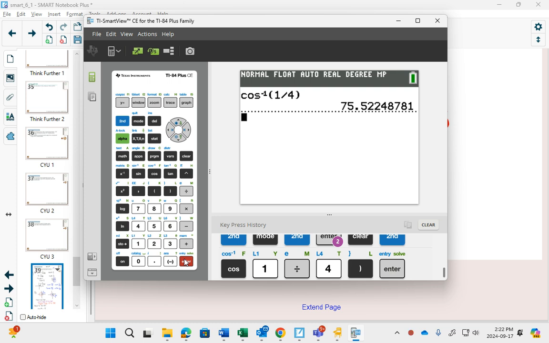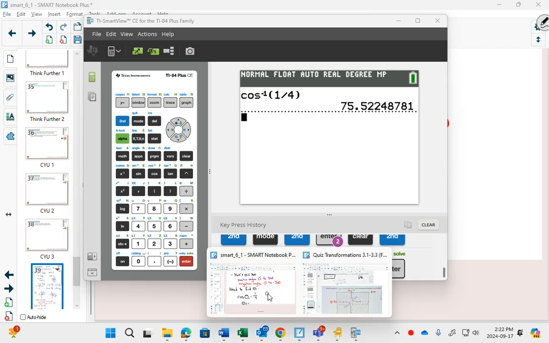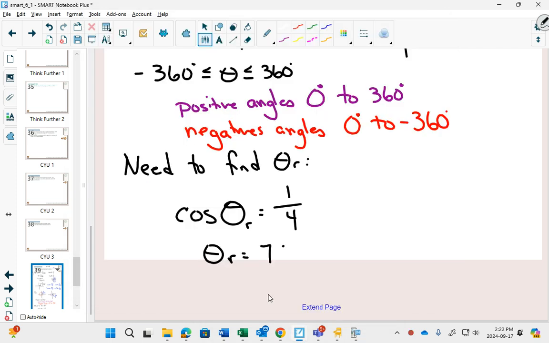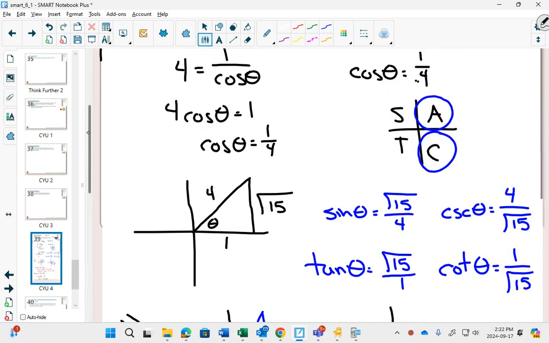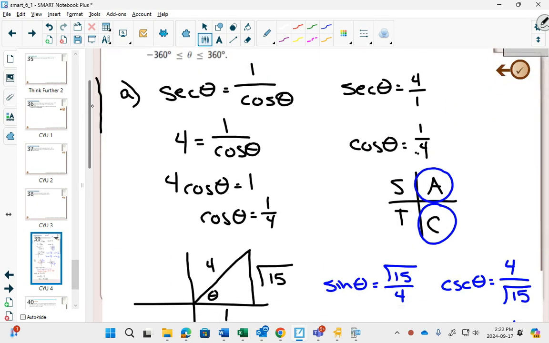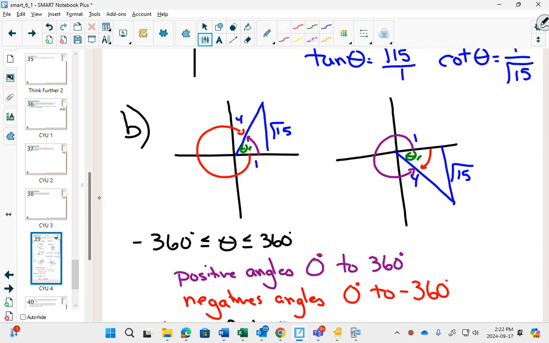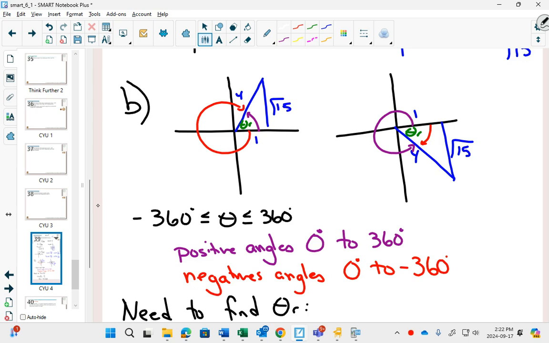And I get 75.522. I'm going to read the question, what do we need to round to? We need to round to the nearest degree. So my reference angle is 76 degrees.